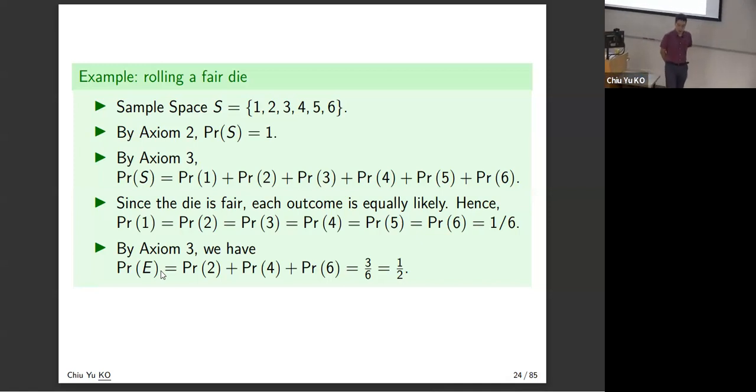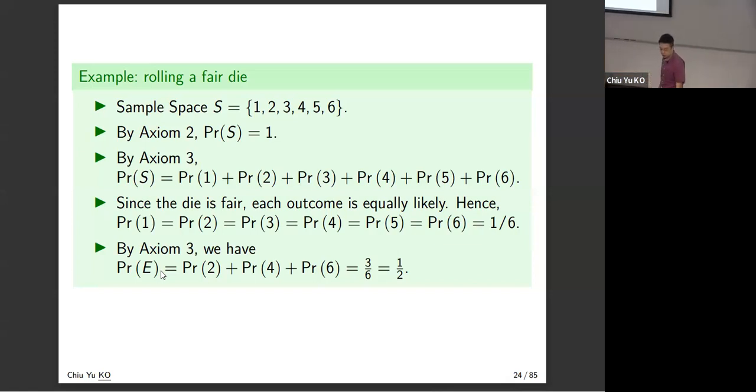Okay. Now we define the die to be fair. Okay, we define it. The die is fair, then we can say each outcome is equally likely, right? And you can solve the 2 equations, right? Because you can let this be x, then this equation with 6x equal to 1, x is 1/6, right?